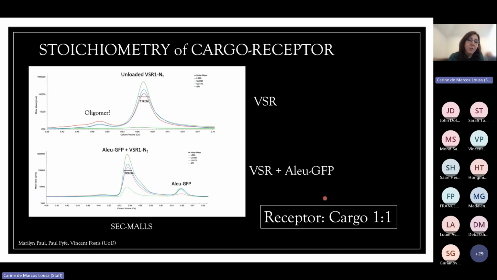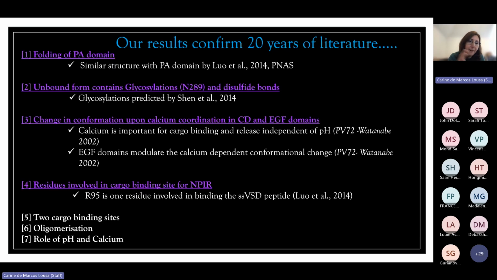But when we add the cargo, the allorane GFP, there is a shift towards a size that corresponds to a stoichiometry of 1:1. So one receptor binds to only one cargo. I will explain later, and I can discuss, how we explain that we have actually 2 peptides but only one cargo binds with allorane GFP.